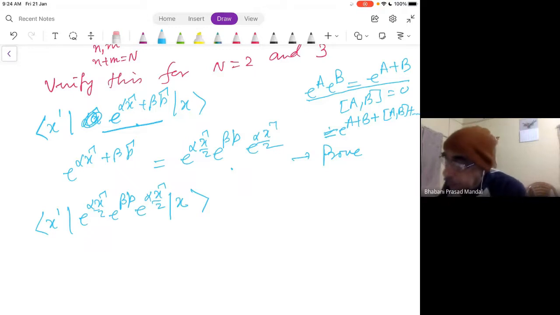Now what happened is that I have x here which can act on this, such that I can replace their eigenvalues. Okay.